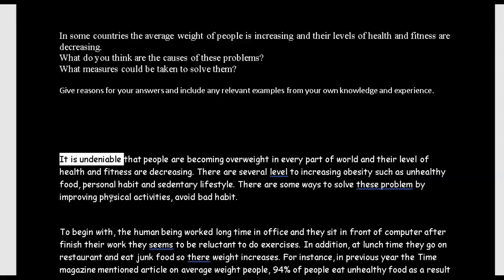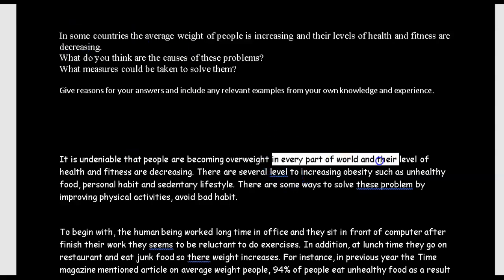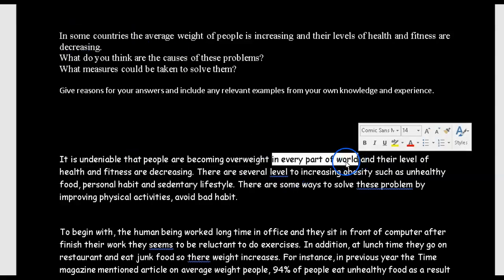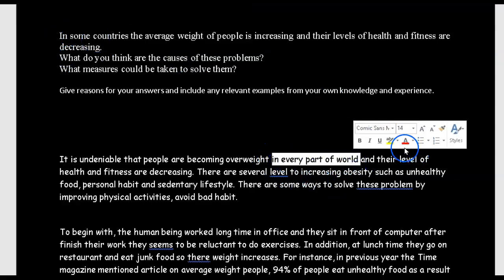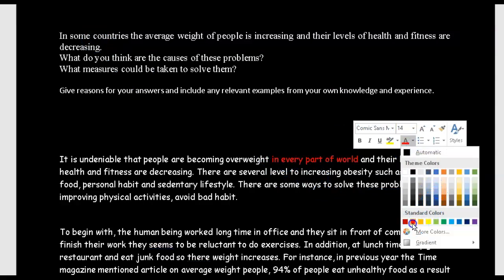Because the rest of the sentence, it is undeniable that people are becoming overweight in every part of the world. In some countries, in every part of the world. Are those two the same thing, or are they in fact actually the opposite of one another? This shows that you have misunderstood the question because you're talking about every part of the world, and it's not what it asks.